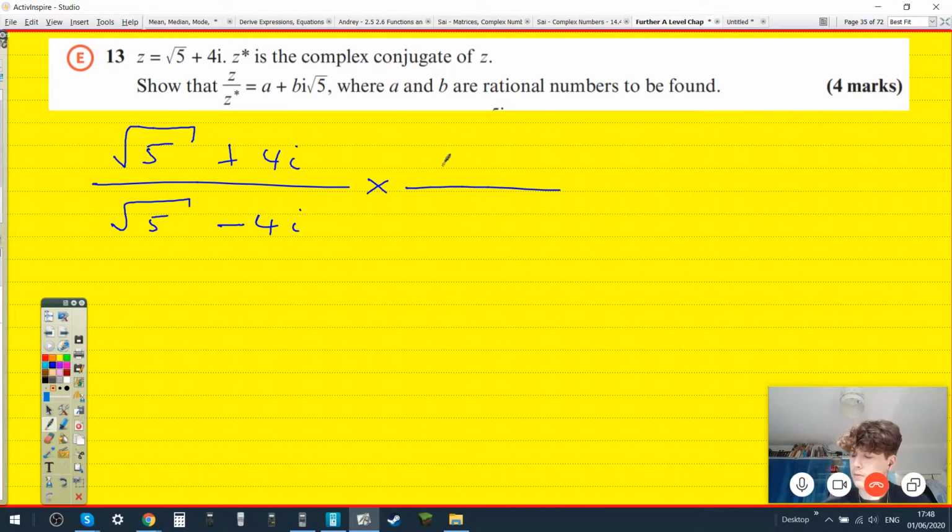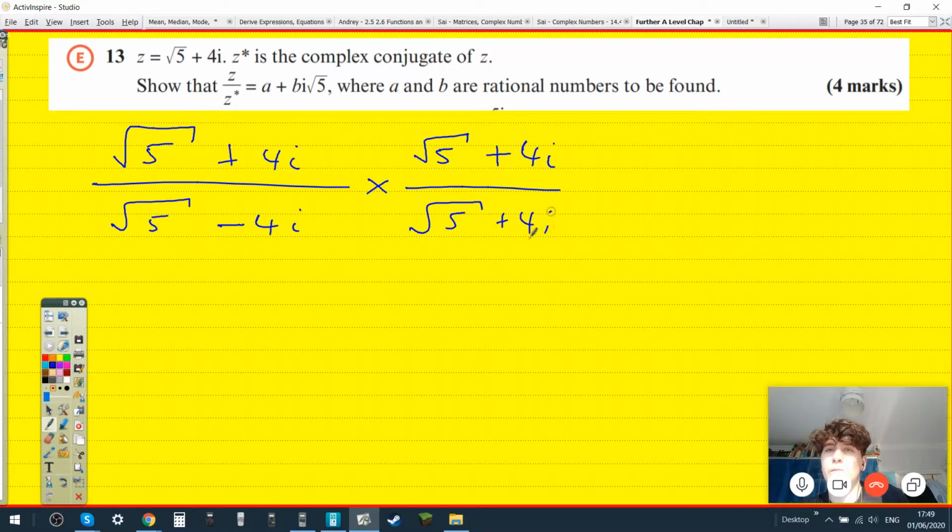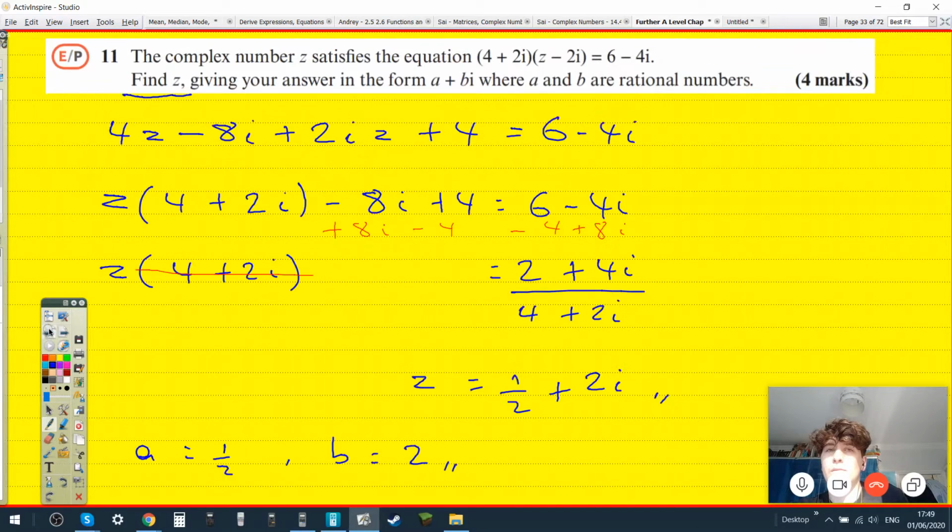Hold on. Hang on. We did something wrong back here. This is wrong. If there's one thing on the bottom, this will work. Can't do this.